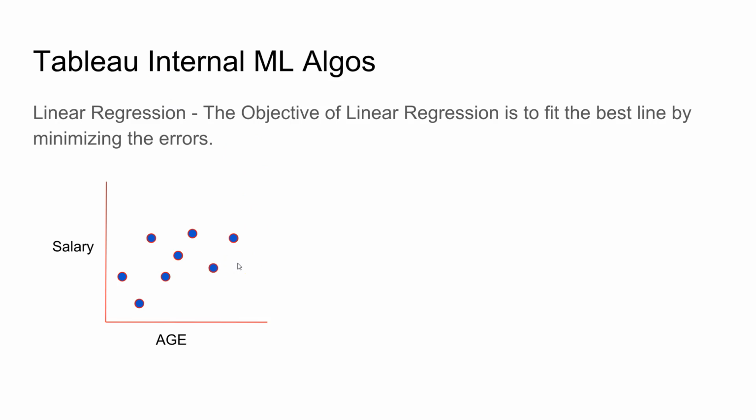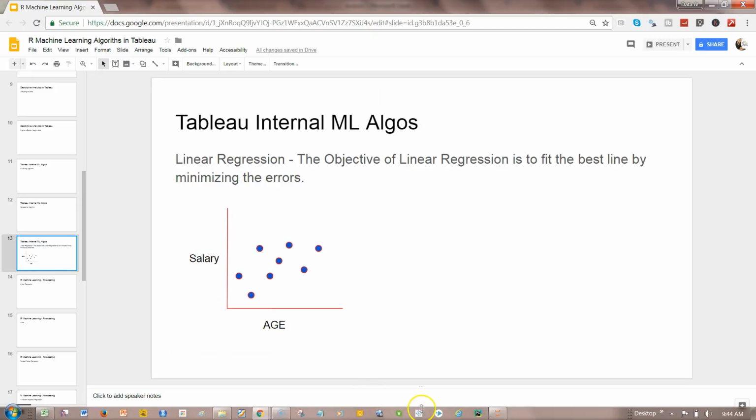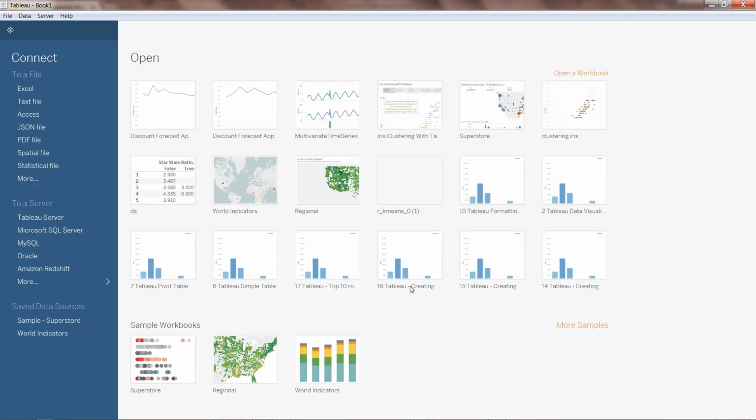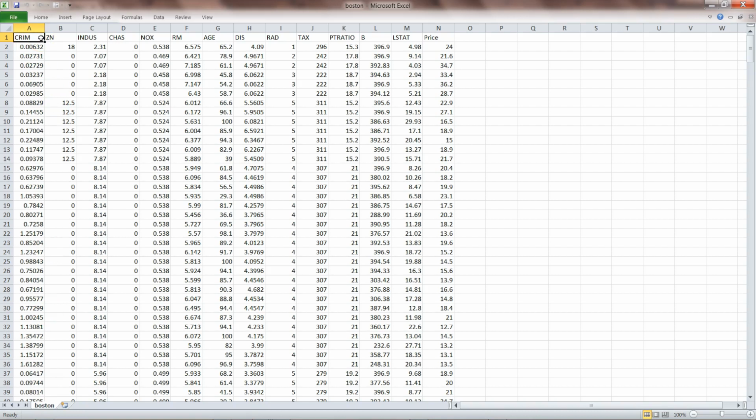So what I'll do is I'll go to Tableau. Here, let me open Tableau. As a sample data set, I have this Boston housing data set.